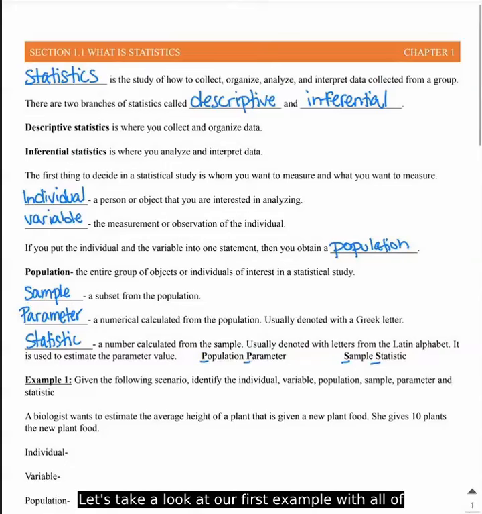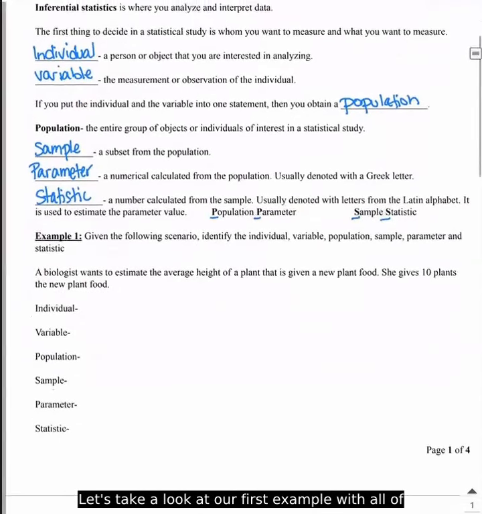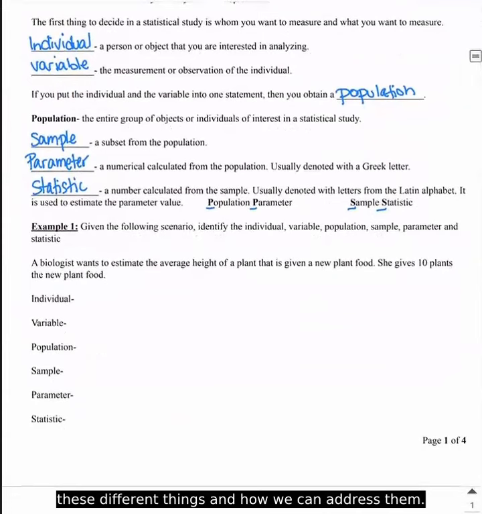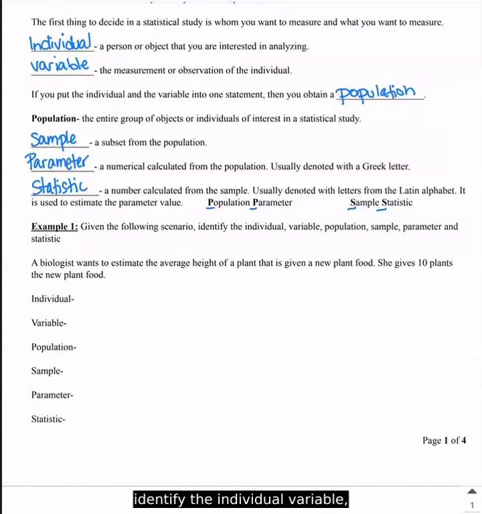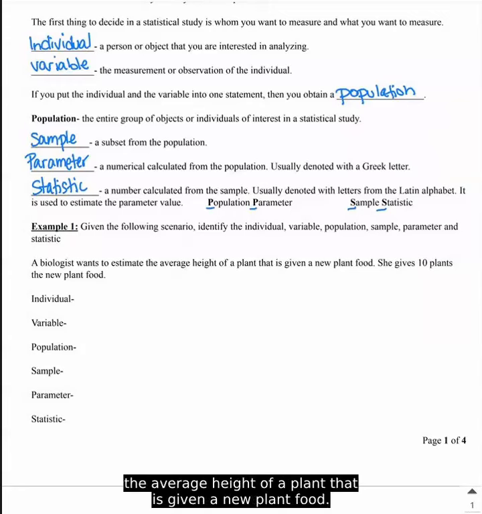So let's take a look at our first example, with all of these different things and how we can address them. Example 1 says, given the following scenario, identify the individual, variable, population, sample, parameter, and statistic. A biologist wants to estimate the average height of a plant that is given a new plant food.